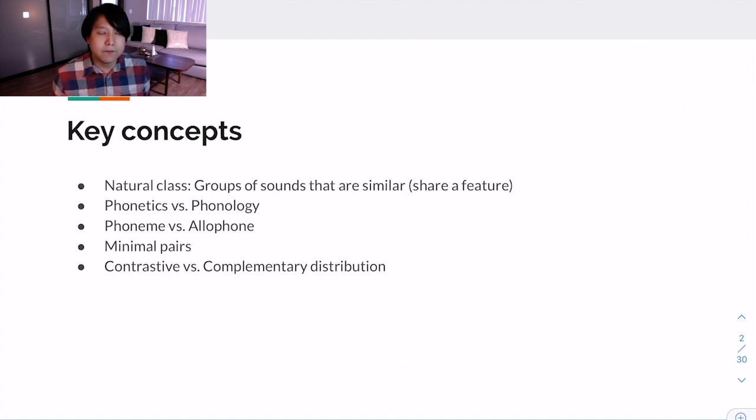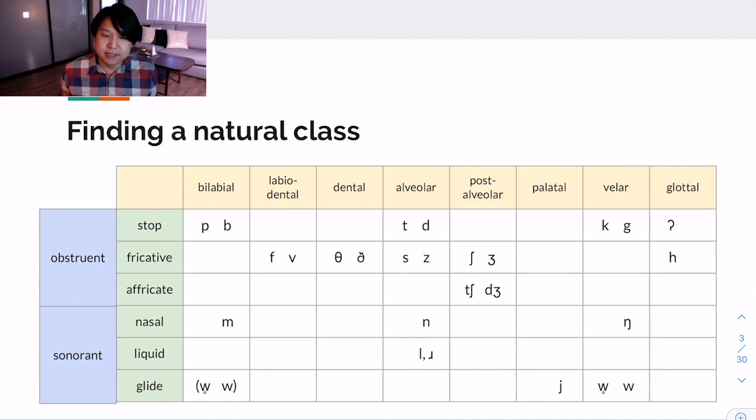So there are a few key concepts that you have to keep in mind in phonology. Basically, a natural class is a group of sounds that sound similar, but it's not a very simple definition. All the elements in that natural class have to share a certain phonological feature. For example, this is a table for English consonants, all 25 English consonants are here.